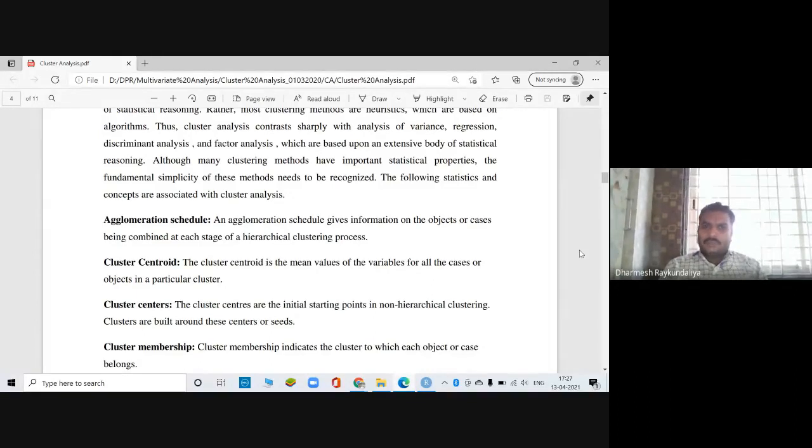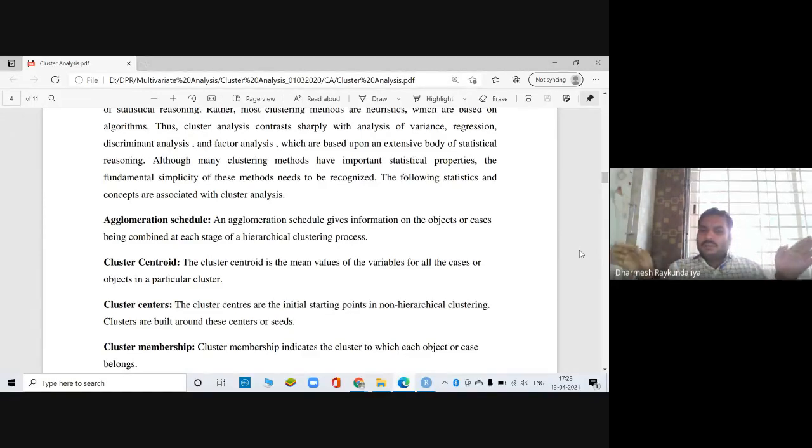So in agglomerative methods, in each step we make clusters. Initially in agglomeration, each object becomes a cluster, and as soon as the fusion takes place, it joins either with an object or fuses with some cluster, and at the end of the day everything is covered under a single cluster. So that is the concept of the agglomeration schedule.